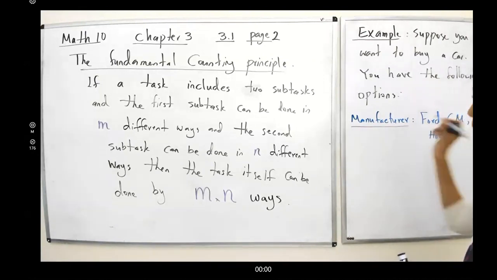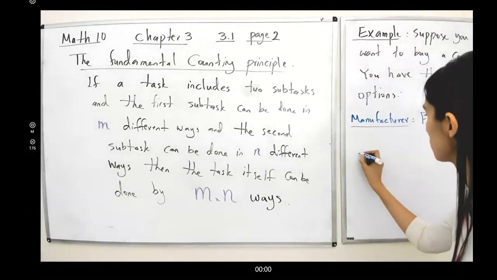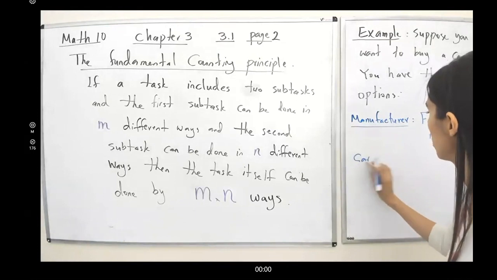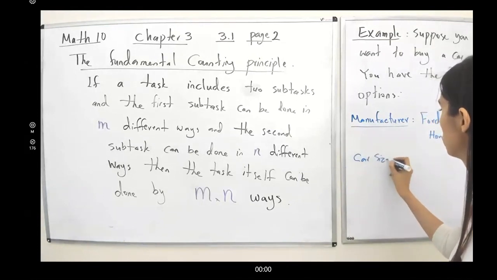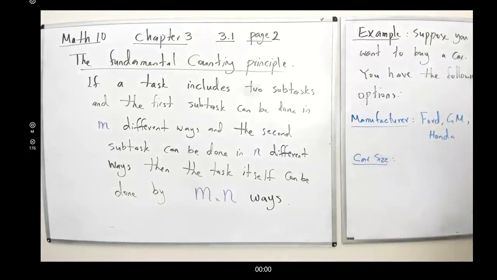This is for manufacturer. Then you have the options for car size. You're not sure if you want to purchase a compact or mid-size car. So 2 options: compact or mid-size.